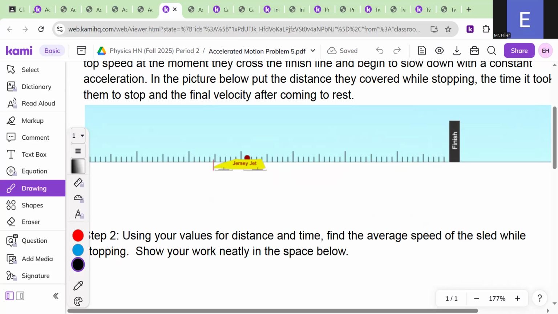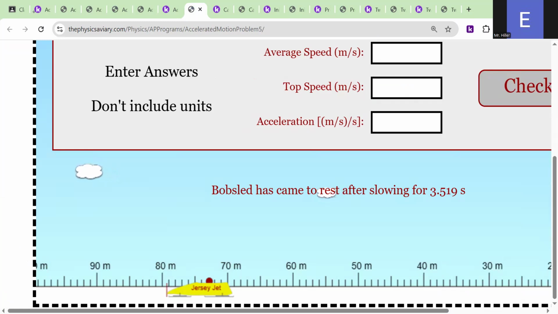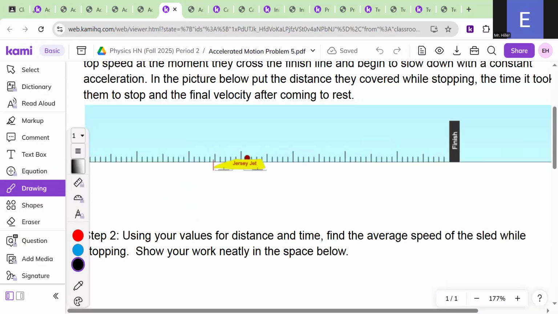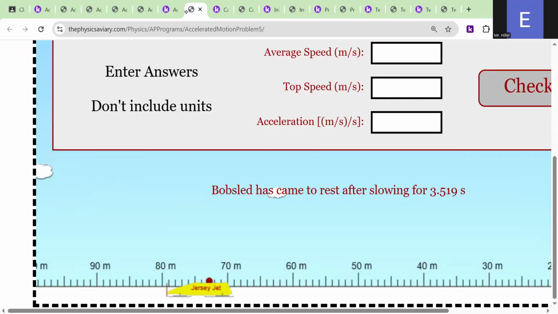So I have a displacement of about 79.2 and a time of 3.519 seconds, a displacement, in my case, of 79 point, I don't know, I'll say 2.